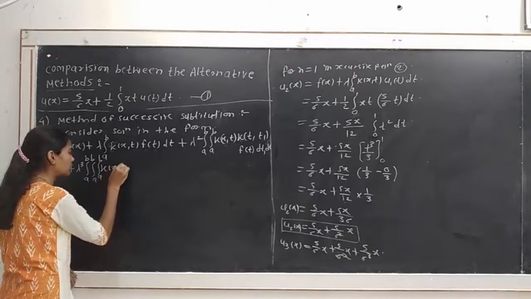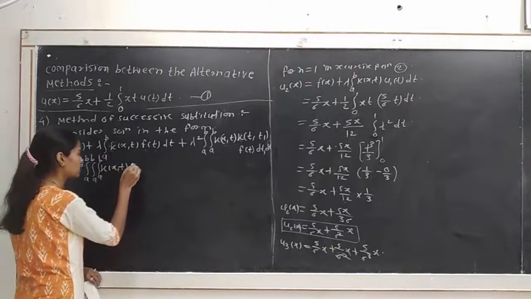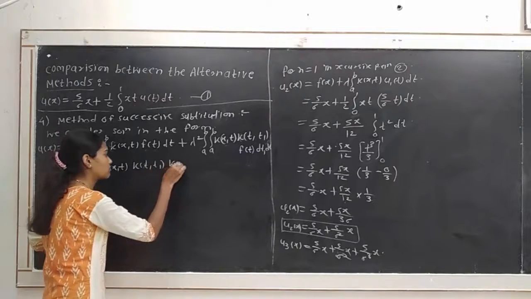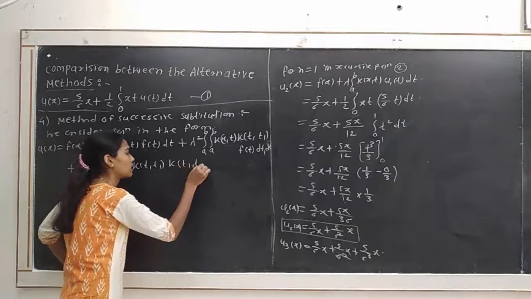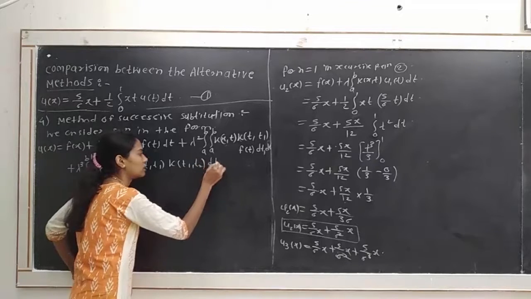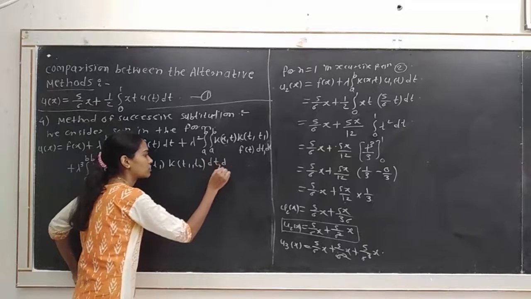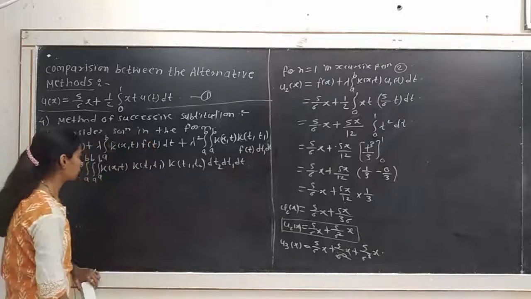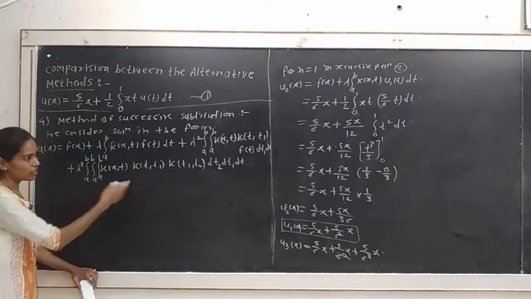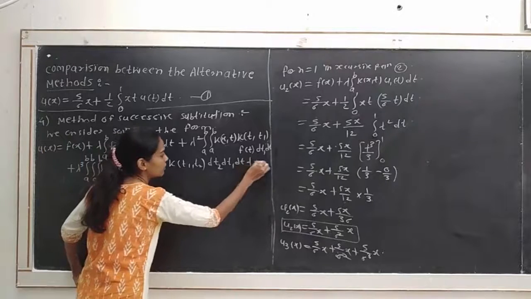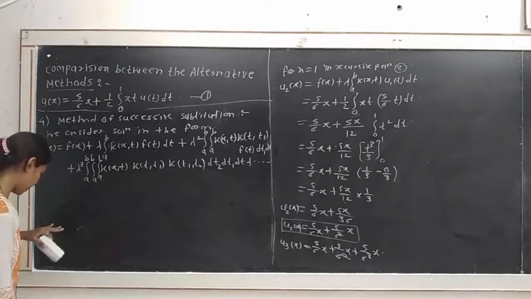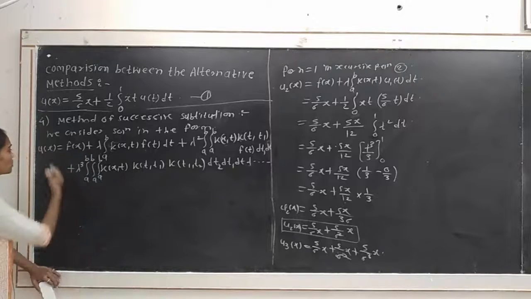We also have three kernels: first in terms of x,t, then in terms of t,t1, and last in terms of t1,t2. Then we write dt2, then dt1 and dt. In this way we get the infinite series, and by putting in values and simplifying this series we get the solution, that is u of x.